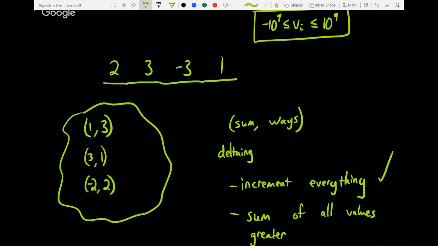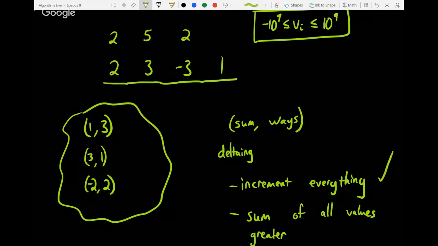So my auxiliary variable for my data structure is going to be things like 2, or 5, or 2 again. So negative 3 gets applied, or 3. So it's going up and down. And depending on what my auxiliary variable is currently, that's where I'm going to be dropping things into my Fenwick tree.